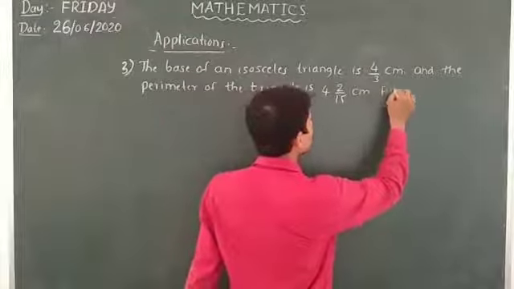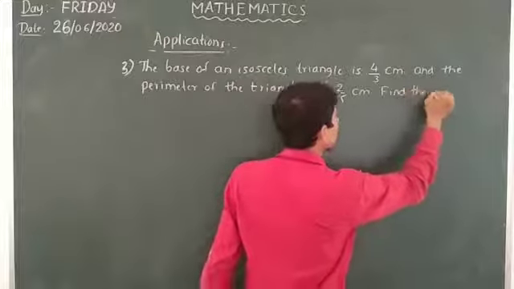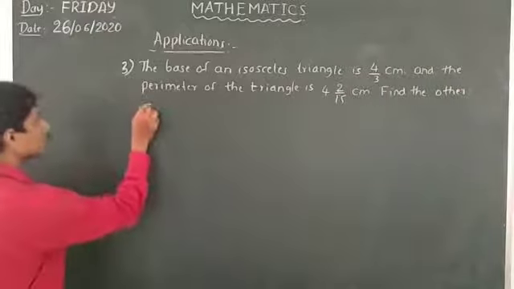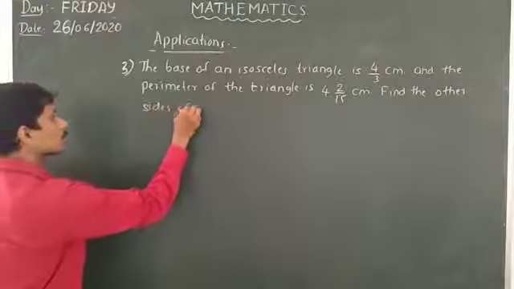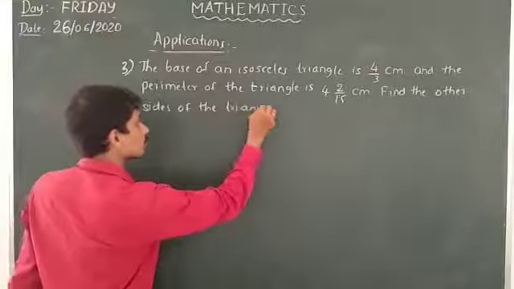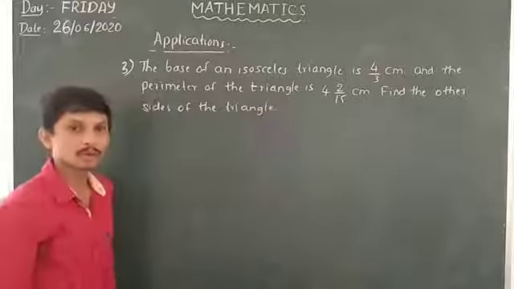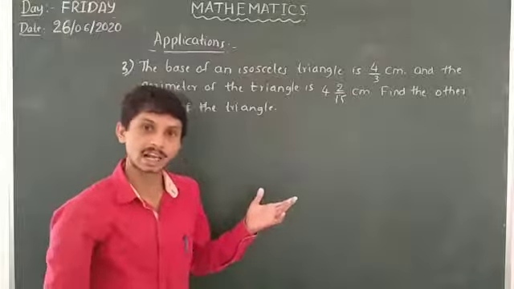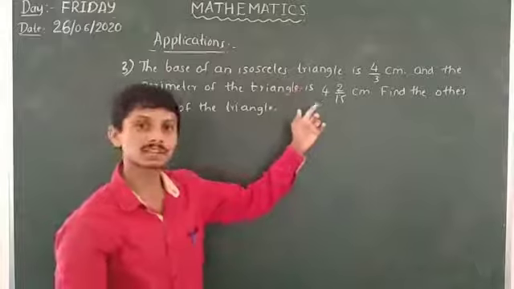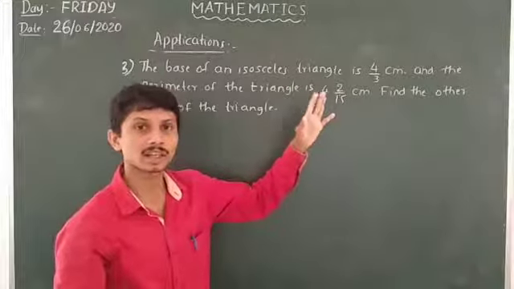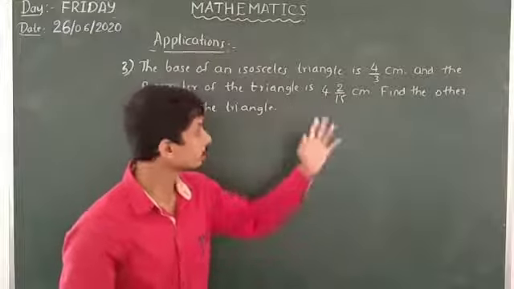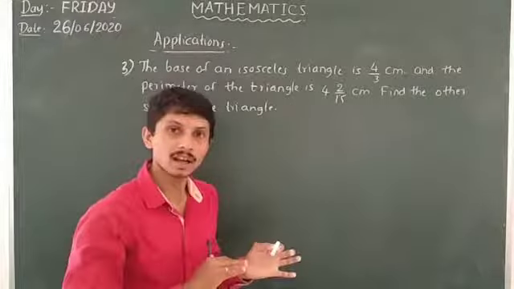Find the other sides of the triangle. So we have to find the other sides of the isosceles triangle. We are given the base of the isosceles triangle is 4 by 3 centimeter and the perimeter of the triangle is 2 by 15 centimeter. So we have to find the other sides.